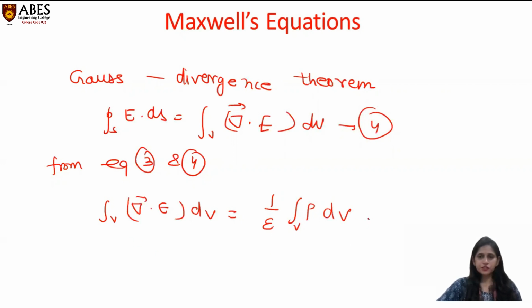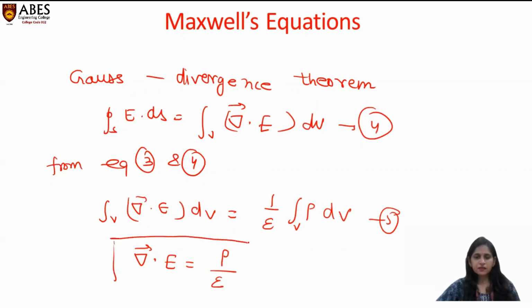And from this equation number 5, because both sides are volume integrals, we know that del dot E is equal to rho by epsilon. So this is nothing but Maxwell's equation in differential form.